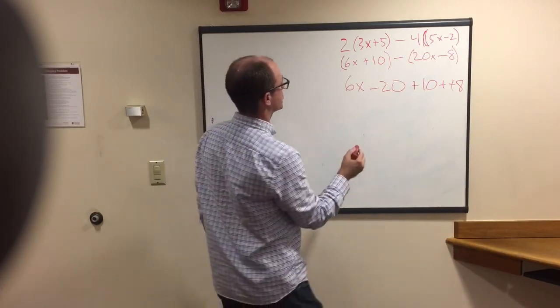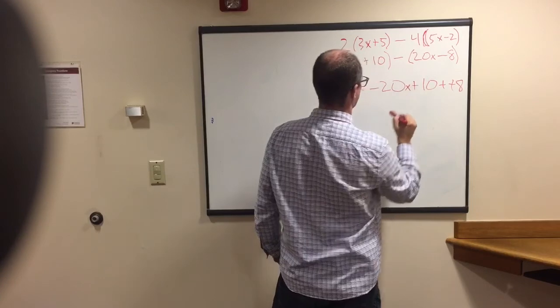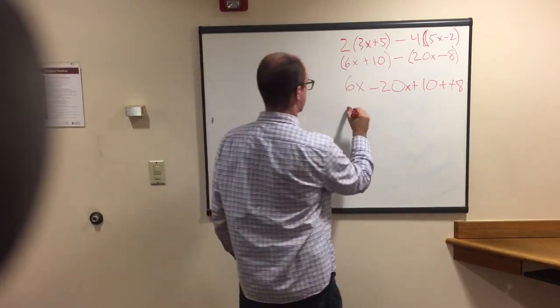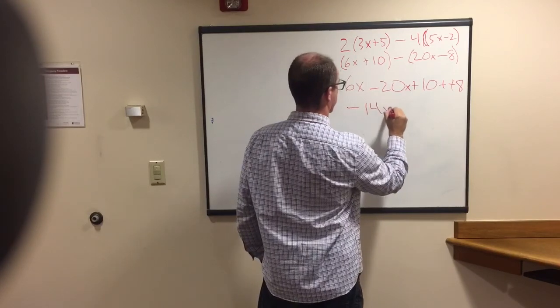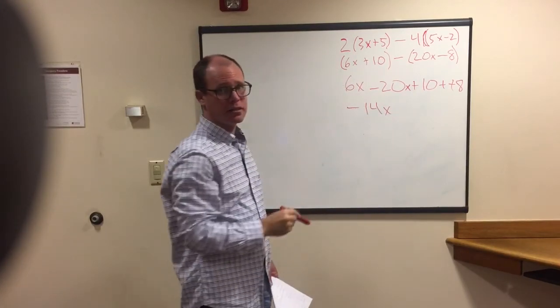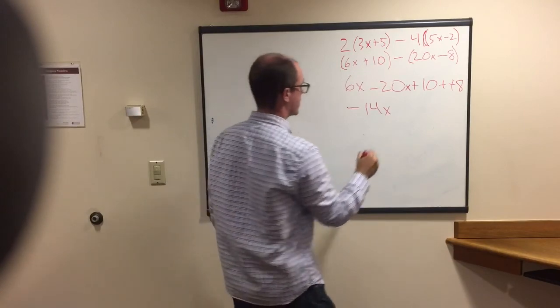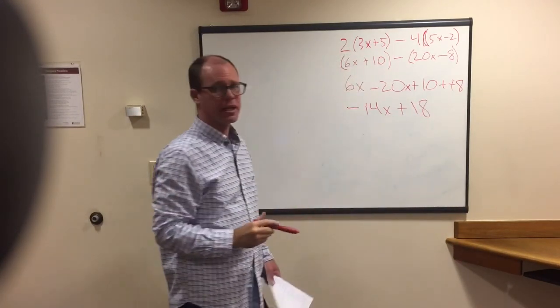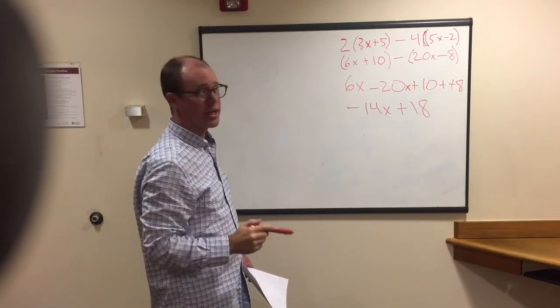Oops, this should have been a 20x. So 6x minus 20x, we get negative 14x, and 10 plus 8, we get 18. That's what we end up with, negative 14x plus 18.